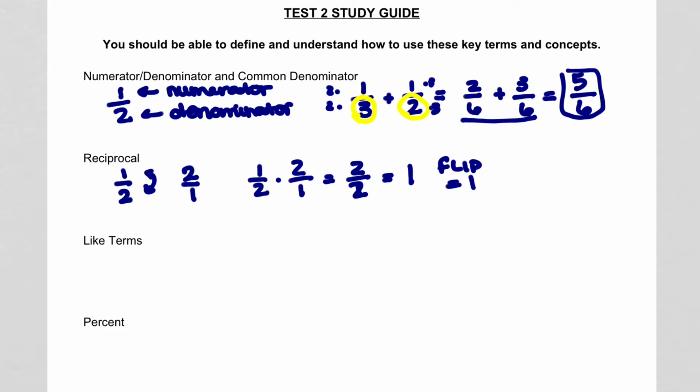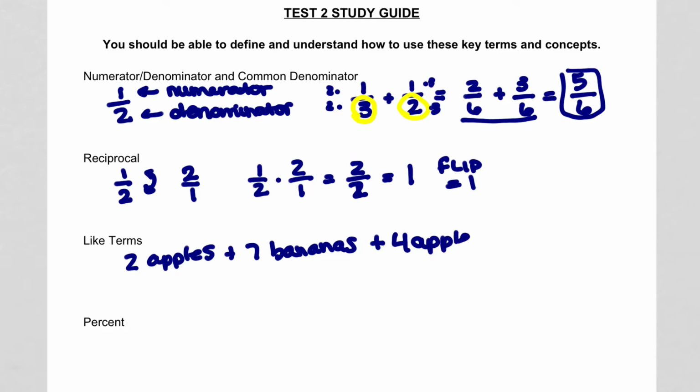Now, like terms. If we're gathering up things together, like say we have 2 apples plus 7 bananas plus 4 more apples, we can only gather the apples with the apples, and the bananas have to be listed differently.